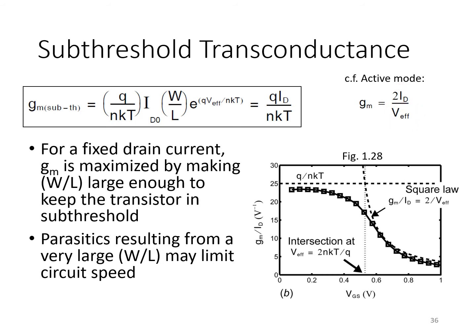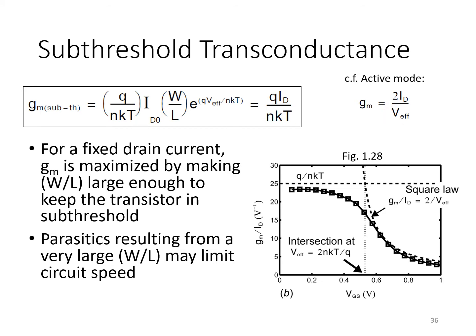However, you might have noticed already that there's something strange about this expression. It suggests that if we keep bias current constant, but decrease V effective to a very, very small value, even approaching zero, eventually GM will become infinite. And something about that doesn't seem right. First of all, you might wonder, how can we possibly do that?